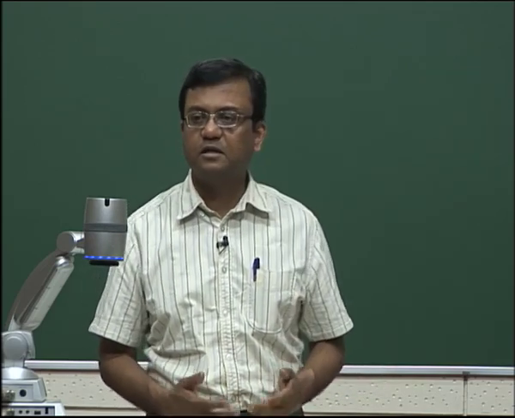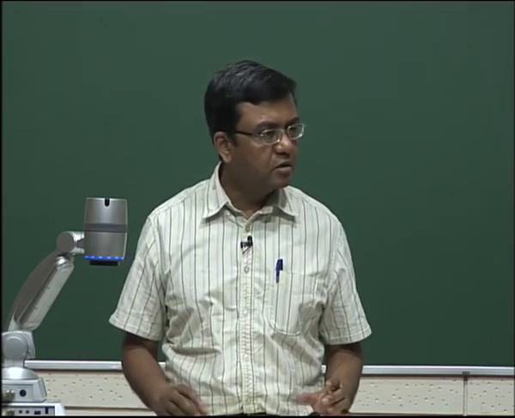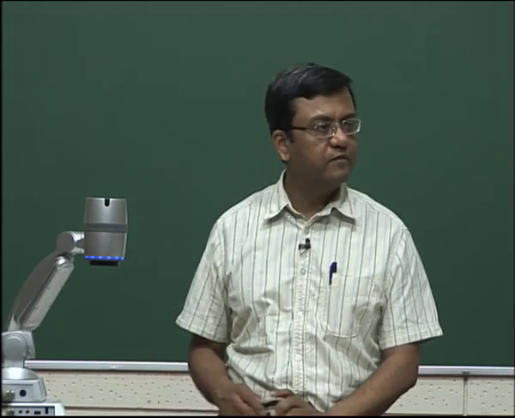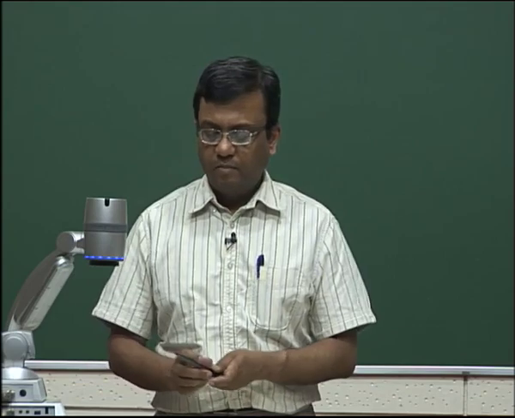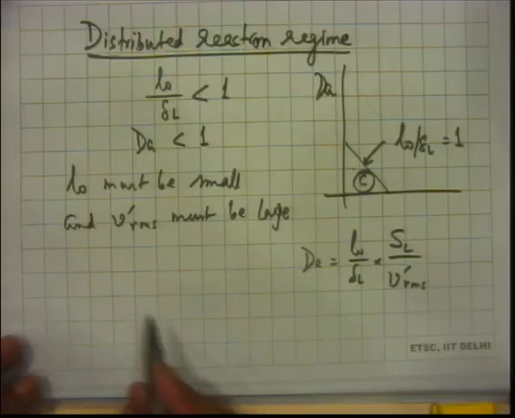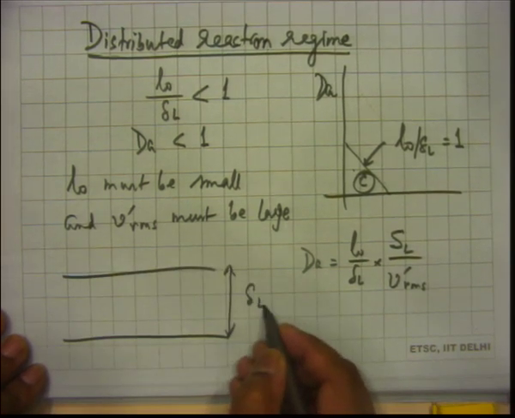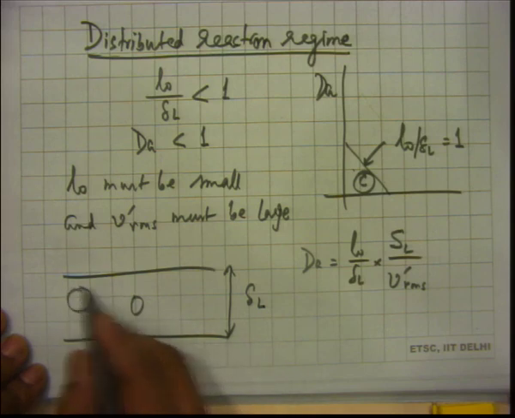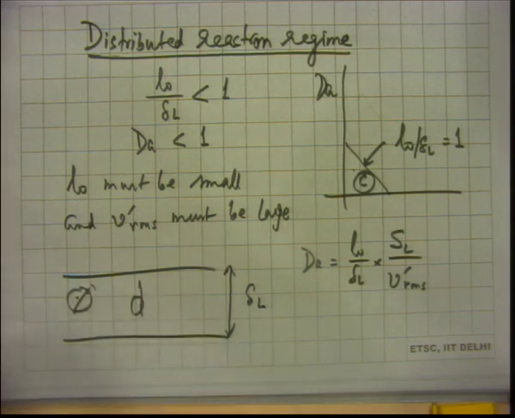Pollutant formation reactions are slow reactions that will give you expanded reaction zones, and that will give you large value of delta_L. We are still calling it delta_L like in a flame, but it may not even be a flame, it may be a pollutant formation reaction. But your delta_L may look like this, and all the turbulent length scales, whichever scale you get at different places, they are all going to be smaller than delta_L.